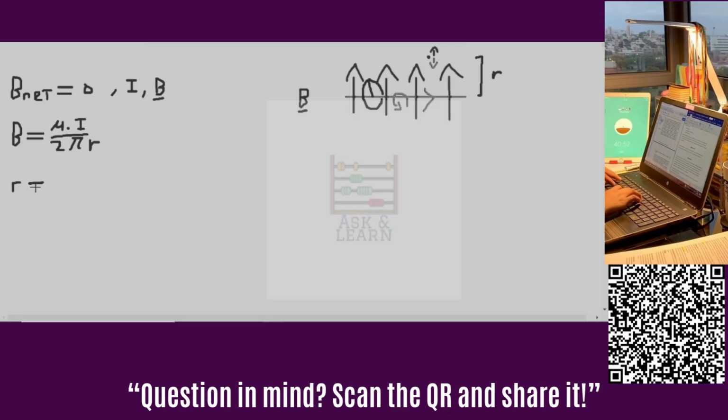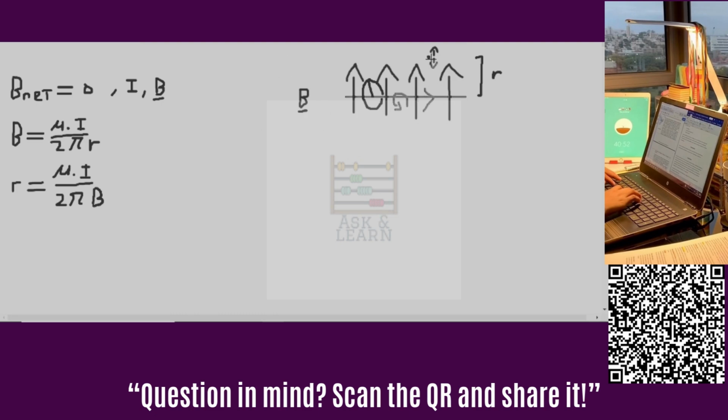Rearranging the equation with some simple algebra, we get R is equal to mu naught times the current, divided by 2 pi, divided by B. Basically, the R and the B change places. B is the magnitude of the external field.